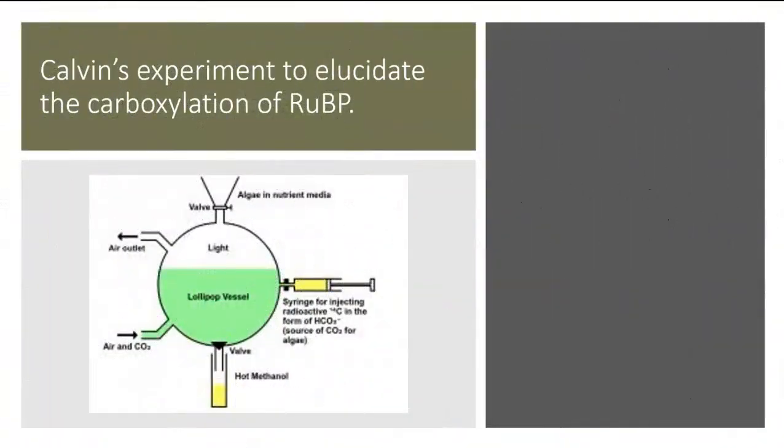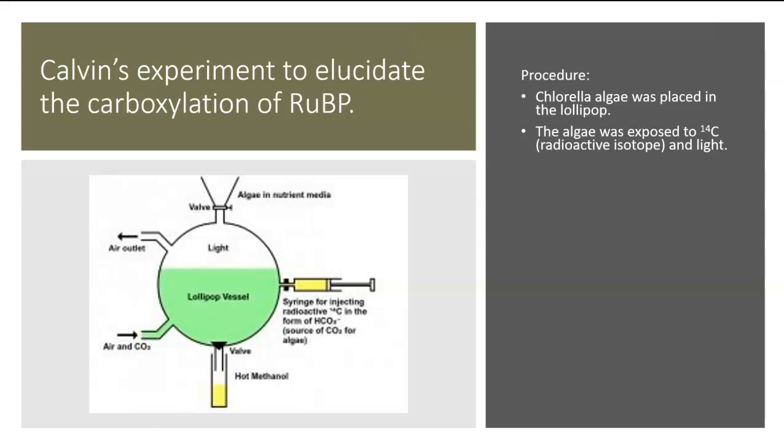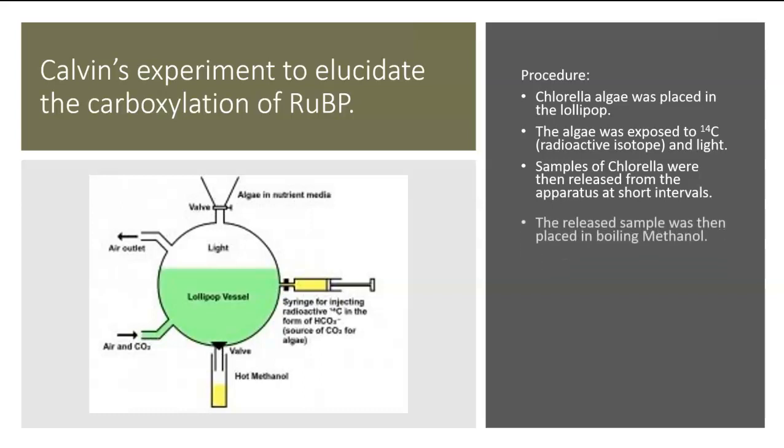Okay, so Calvin's experiment then, let's have a look in a bit more depth of it. Chlorella algae was placed in the lollipops. You've got the lollipop vessel there. The algae was exposed to carbon-14, which is a radioactive isotope, and light. Samples of the chlorella were then released from the apparatus in short intervals.